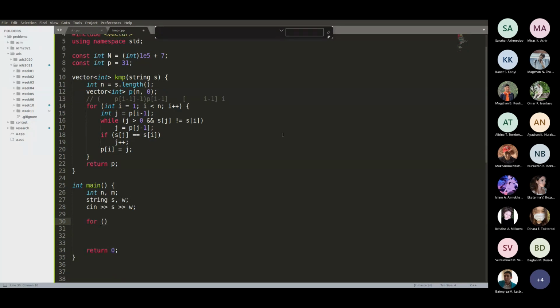And now I just want to output it. Cout p of i.